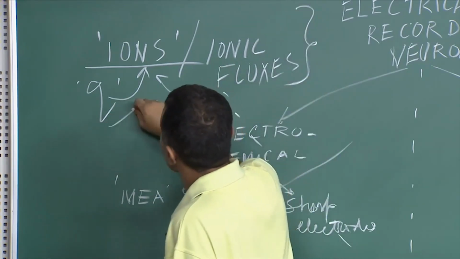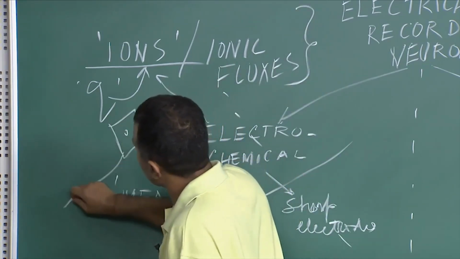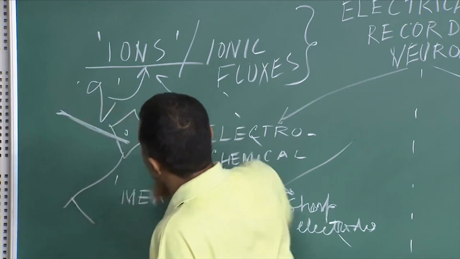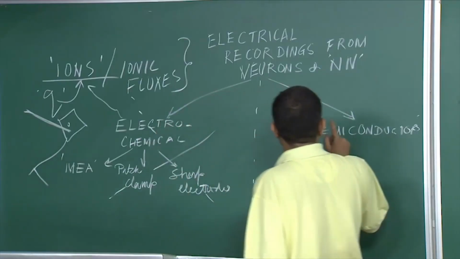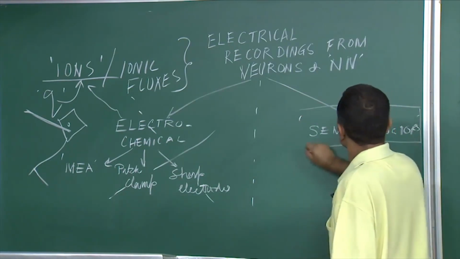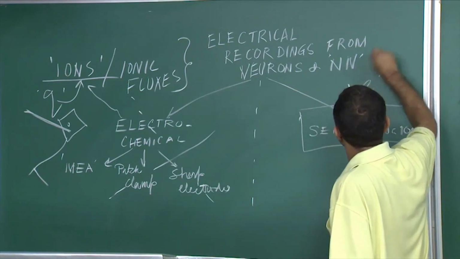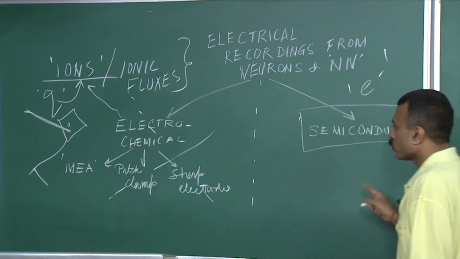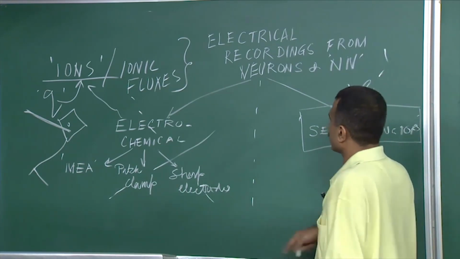So, in the neuron, we see an ionic flux which is being detected by an electrode. But whenever we talk about a semiconductor device, we talk about electrons. So now the interfacing is like this.